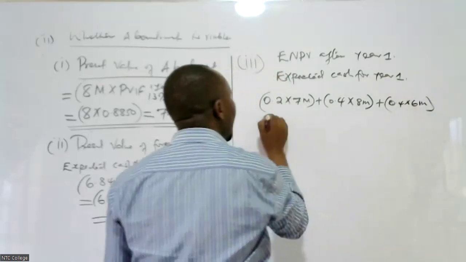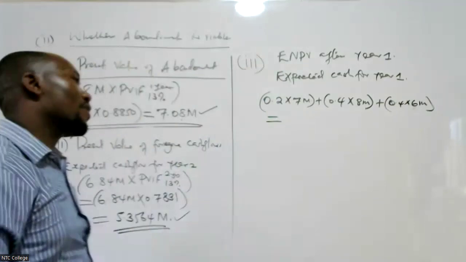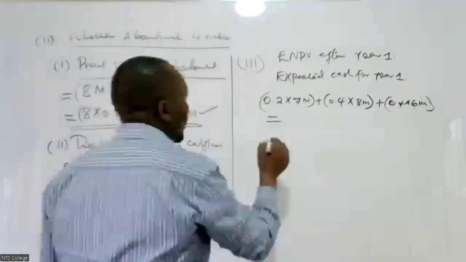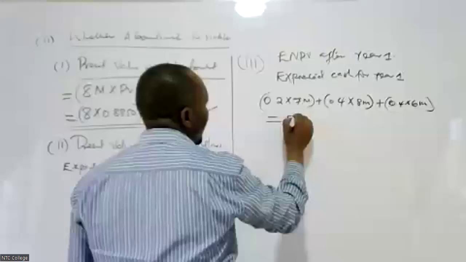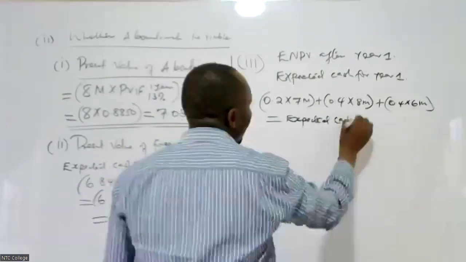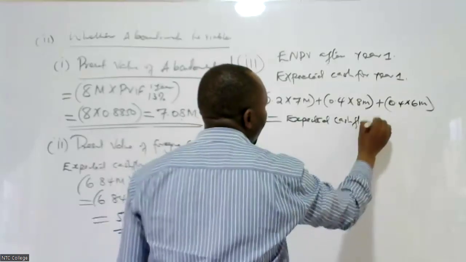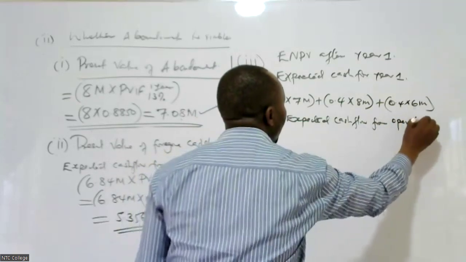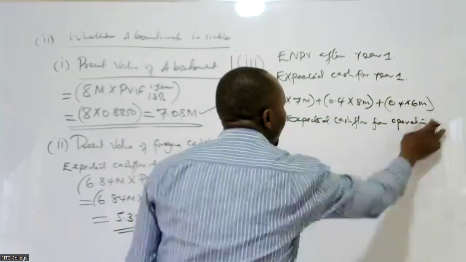So what are you getting as the expected cash flow from the operation? From the normal business. How much?